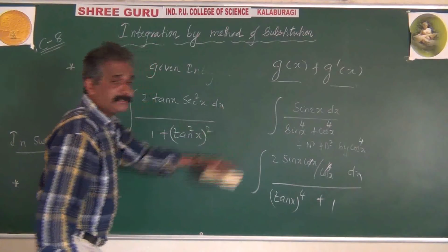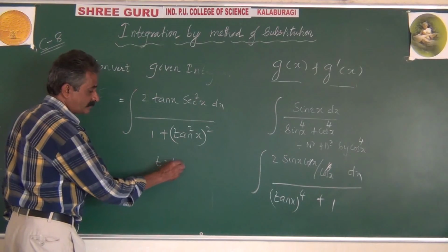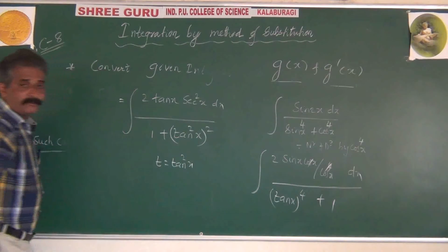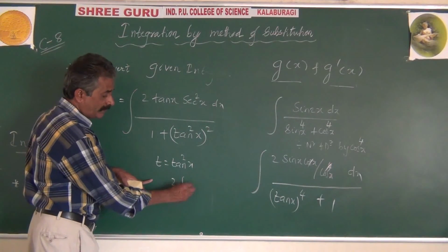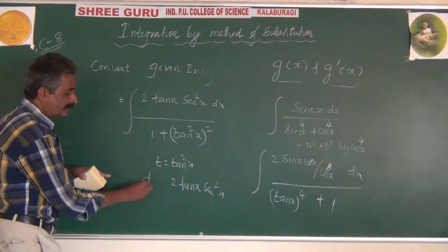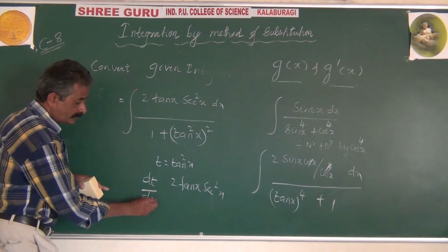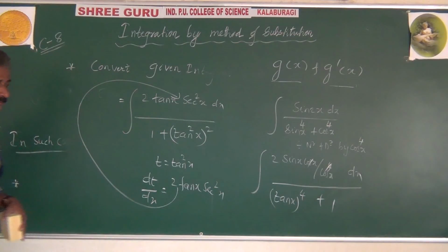Now we can very easily expect substitution. Put t equal to tan square x. Why? Because when we differentiate tan square x, what is the answer? 2 tan x into secant square x. That is the left hand side, dt by dx. Observe the same thing is in the numerator.